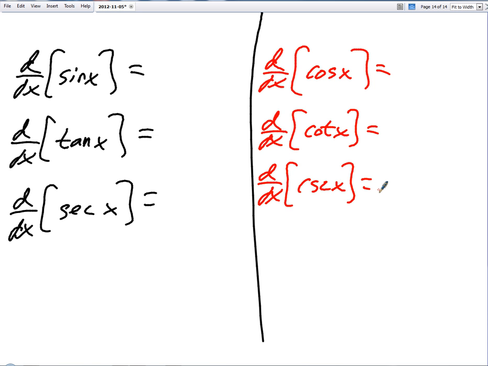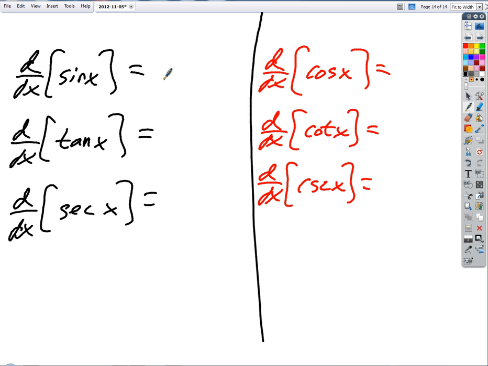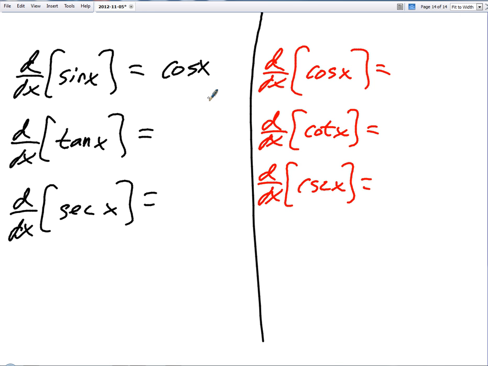Okay, notice what happens. The derivative with respect to x of sine x is cosine x, right? So the derivative with respect to x of the co-alternative of sine, the cosine, is going to be the equivalent cousin function of cosine, which is sine, but with a negative sign out front, right?